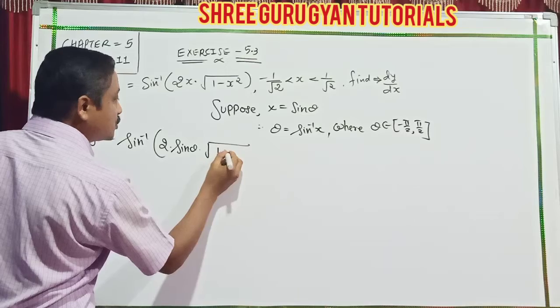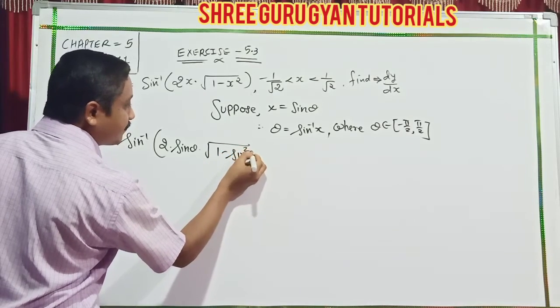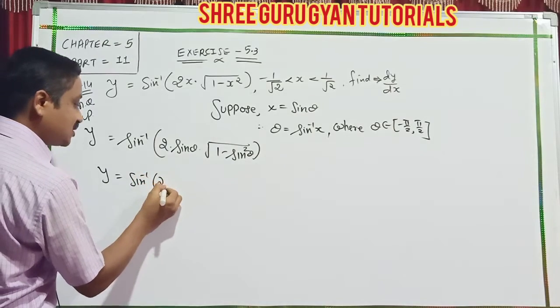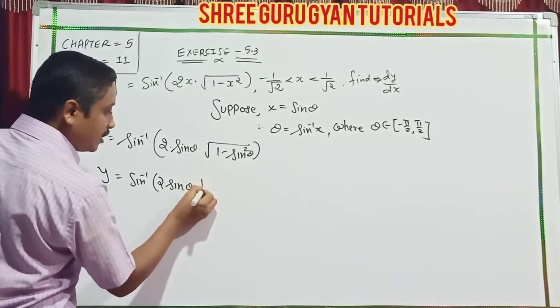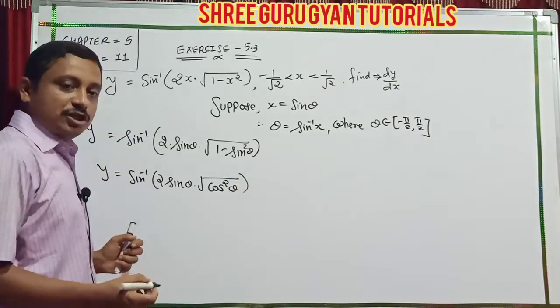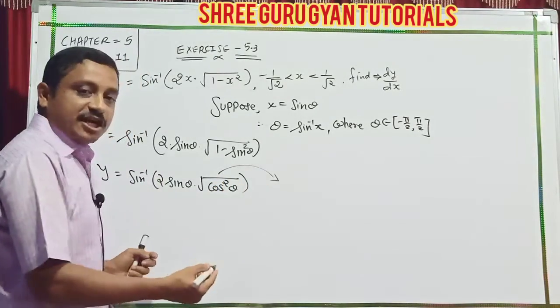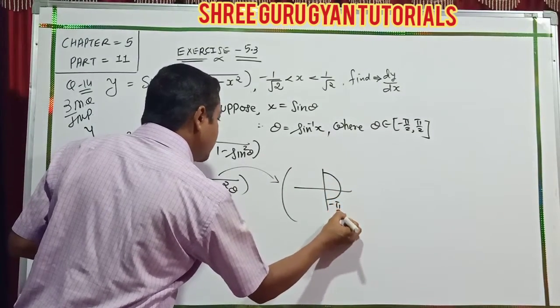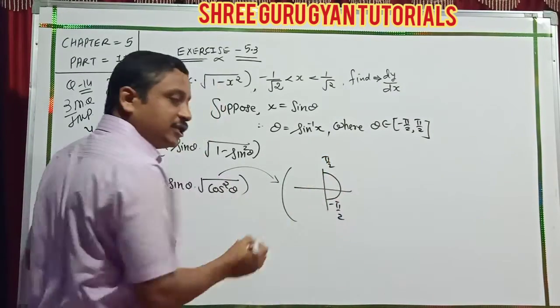just by putting the value, students, under root 1 minus sin square theta. So what you get? Yes, it is 2 sin theta under root cos square theta. Now check this cos square in your range, minus 90 to 90.